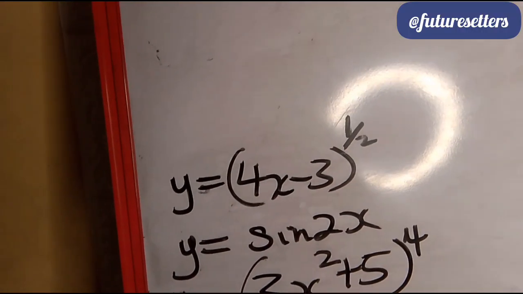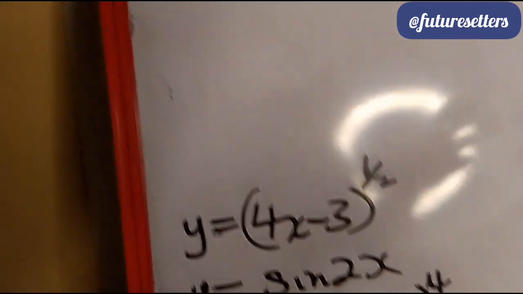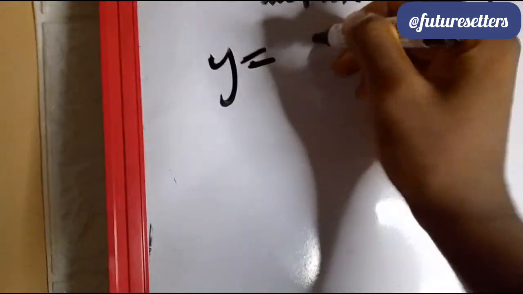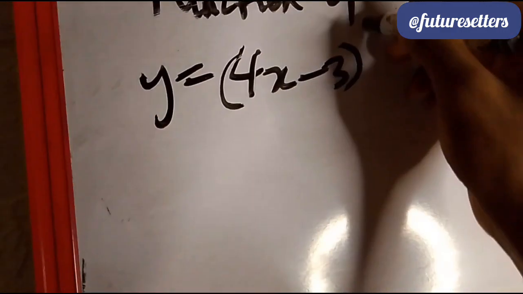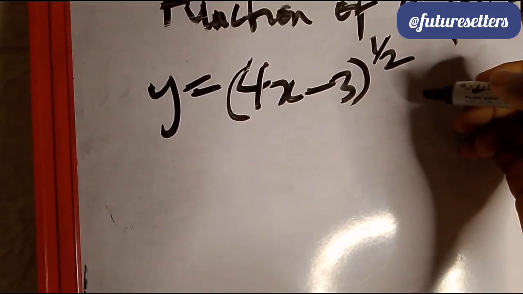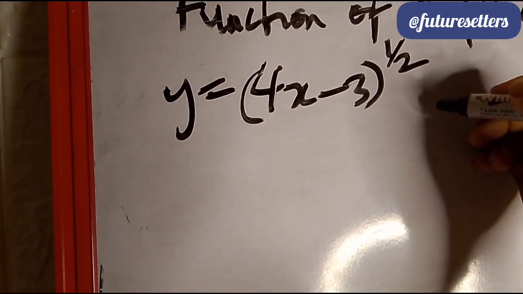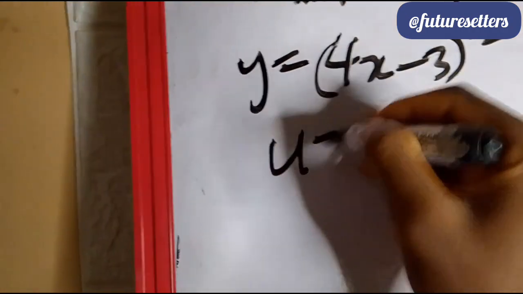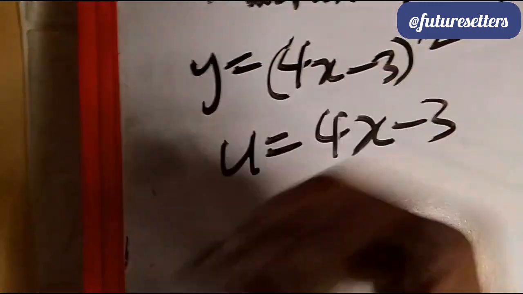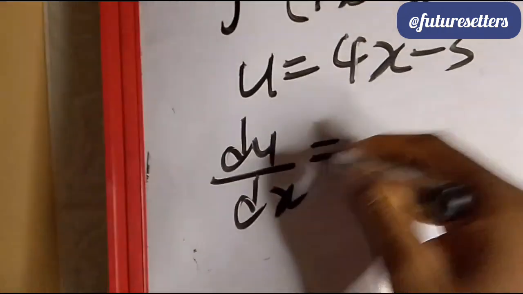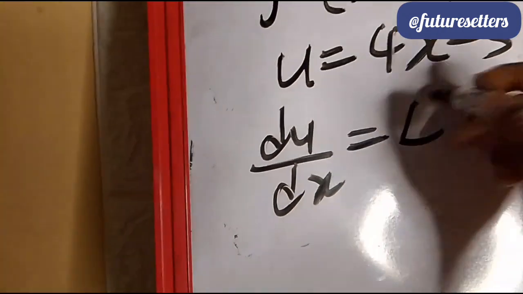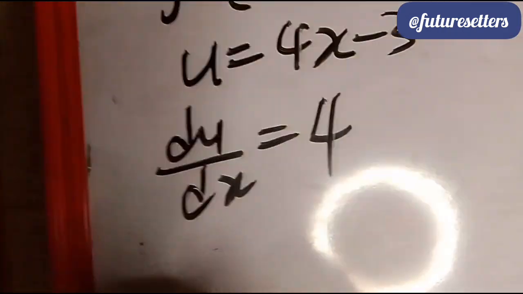Now where y is equal to (4x minus 3) raised to power half. So to solve this, we are going to first of all say u is equal to 4x minus 3. So if u is 4x minus 3, du/dx is going to give us 4, because 1 minus 1 is going to give us 0.